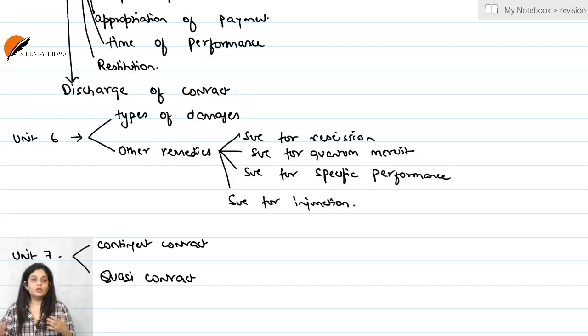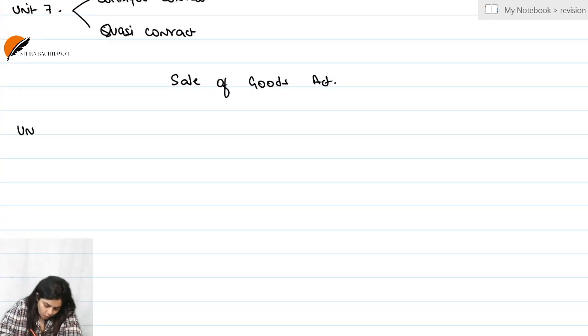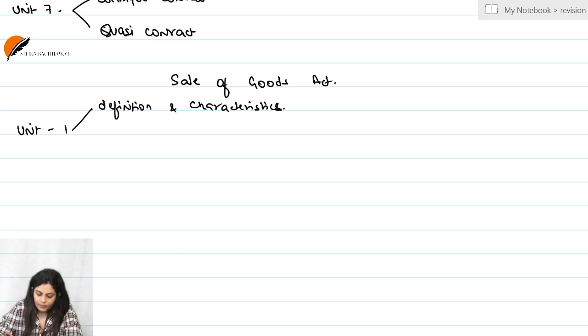So, continuing with our bird's eye glance of all the topics that are there in every chapter, moving on to the next chapter, which is Sale of Goods Act. In Unit 1 of Sale of Goods Act, we had first discussed the definition and characteristics of a contract of sale, or the essentials of a valid contract of sale.